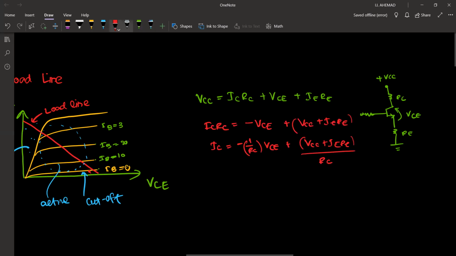So this is the equation for the load line. Okay, equation of load line.